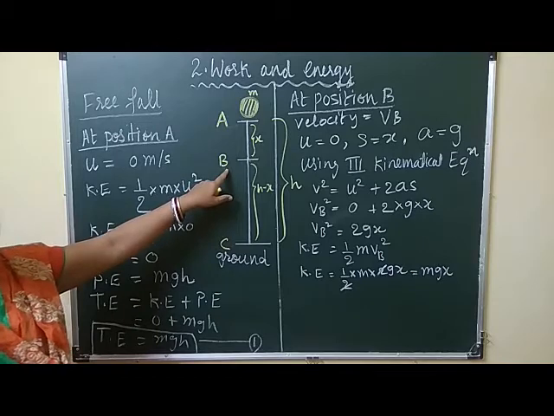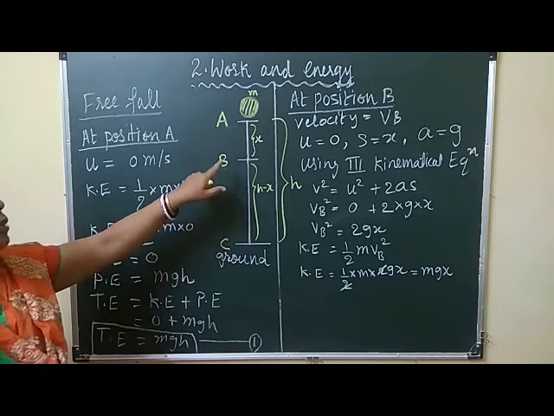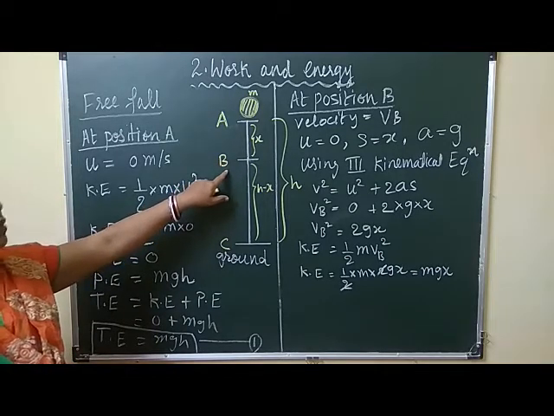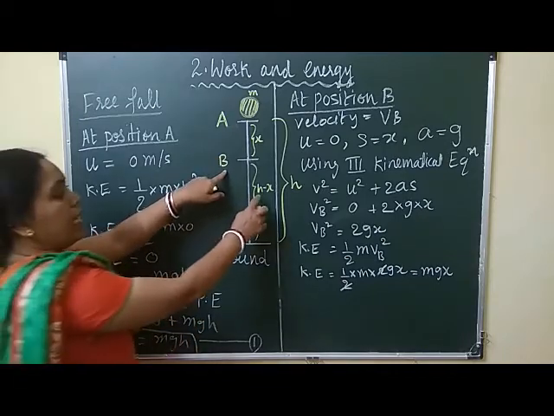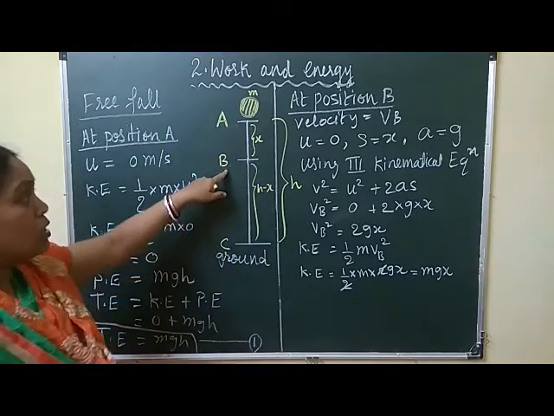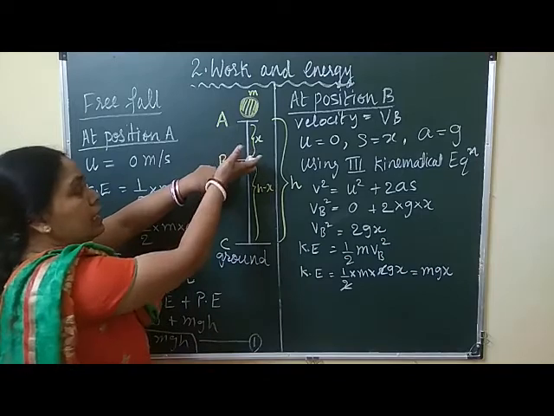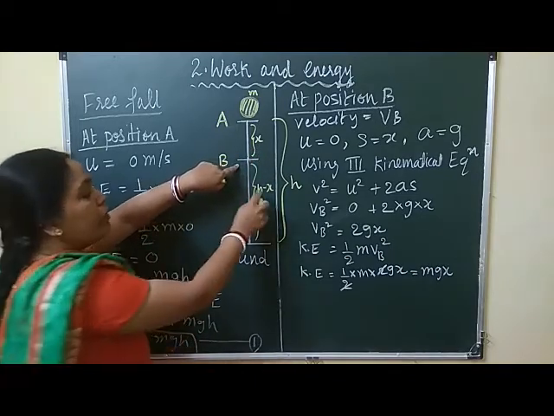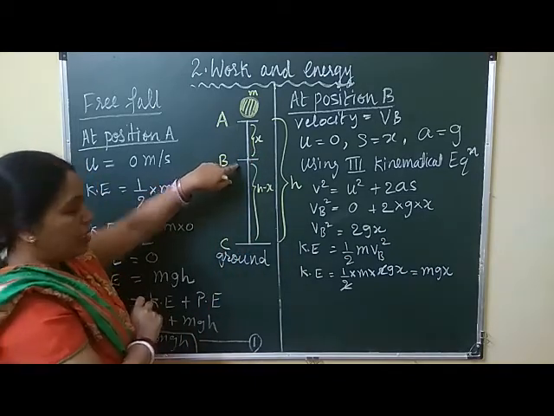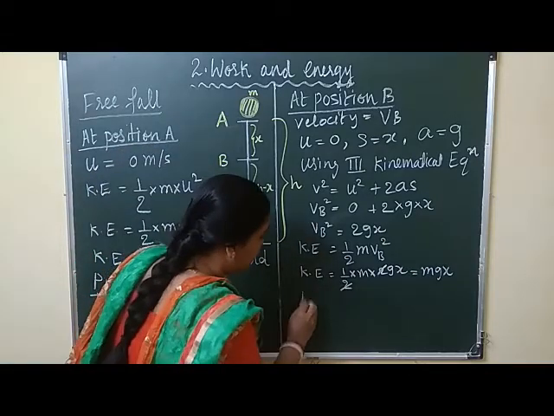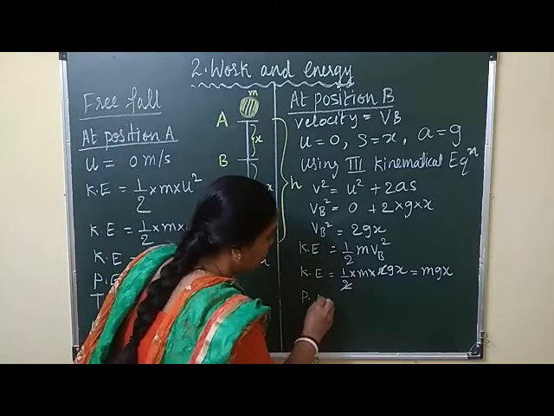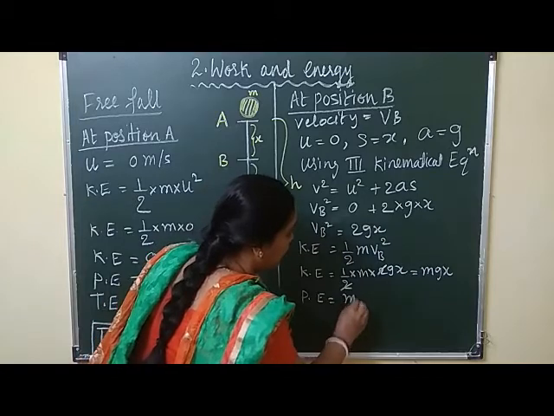So we have to calculate potential energy. But this time the height of the object is h minus x. Potential energy is due to the height, so we have to consider this height. Potential energy, we know the formula, mgh.